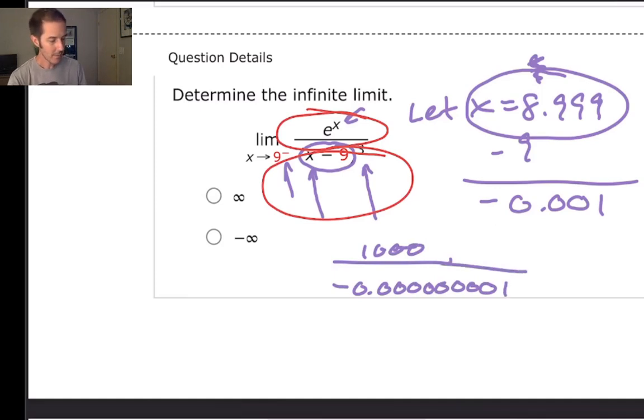A medium-sized number up here divided by a super small number down here is going to give you an insanely large number. This would actually turn out to be 1 trillion, except it's going to be negative 1 trillion. So what do you think? You think this limit's approaching positive infinity or negative infinity? I leave it up to you to decide.